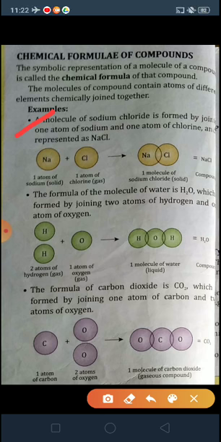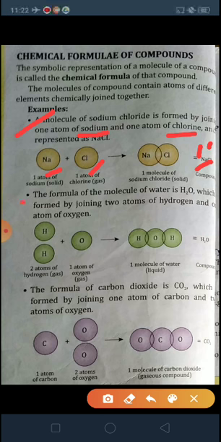We know from the periodic table that the symbol of sodium is Na and the symbol of chlorine is Cl. So the chemical formula of the compound is NaCl, because one atom of sodium and one atom of chlorine are joined together by chemical bonds and form one molecule of sodium chloride.